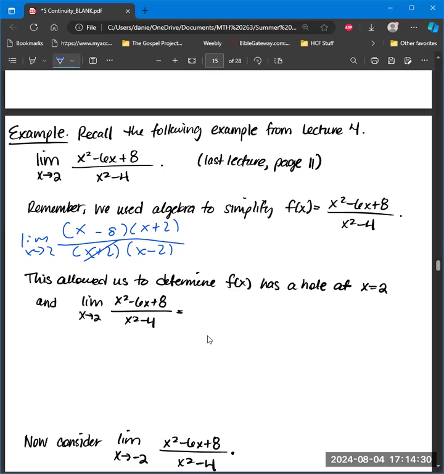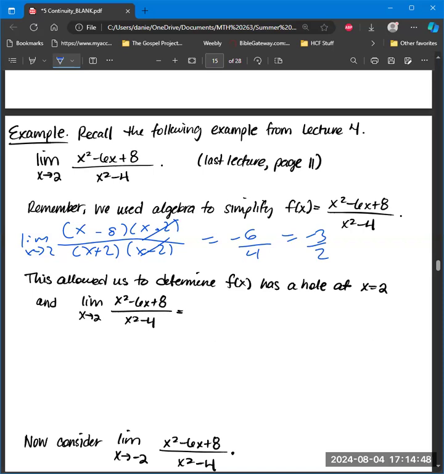X plus 2, those cancel, and this gave us negative 2 over 4, which is negative 1/2.